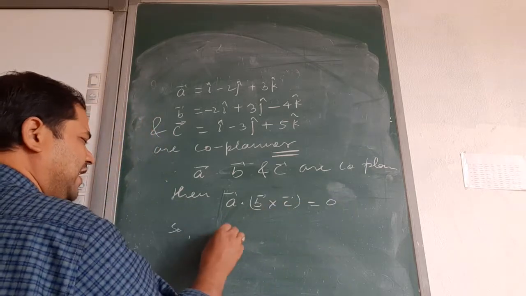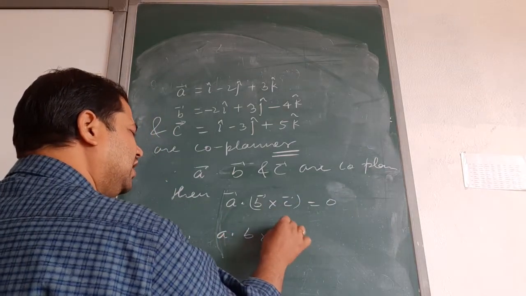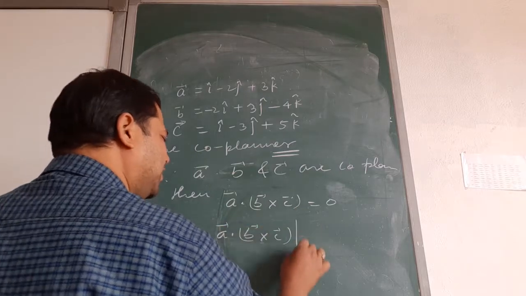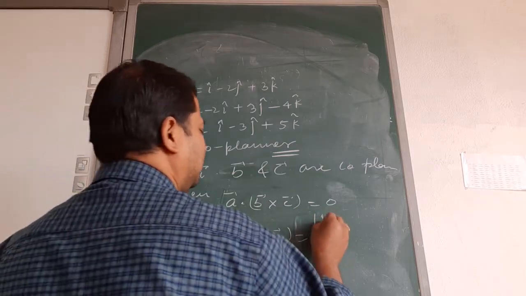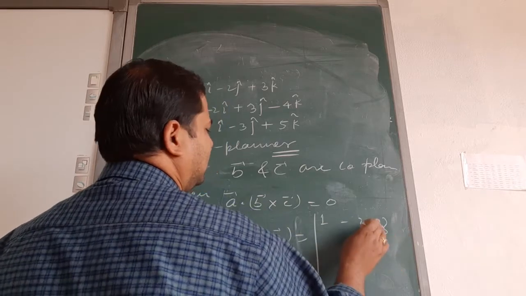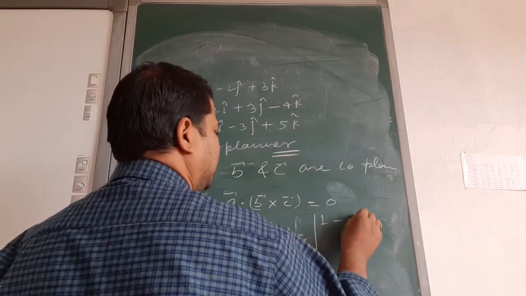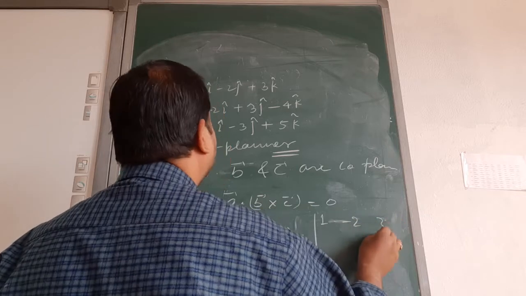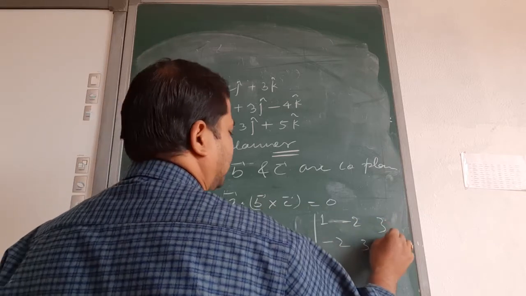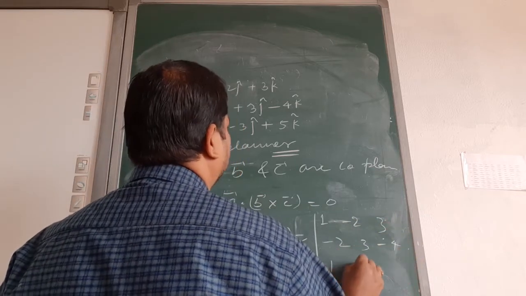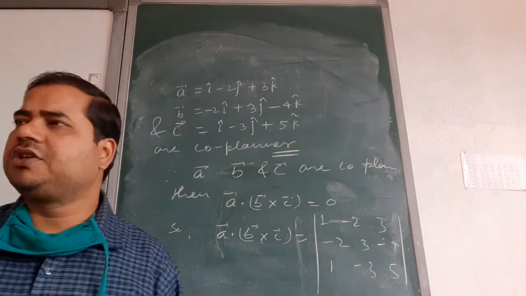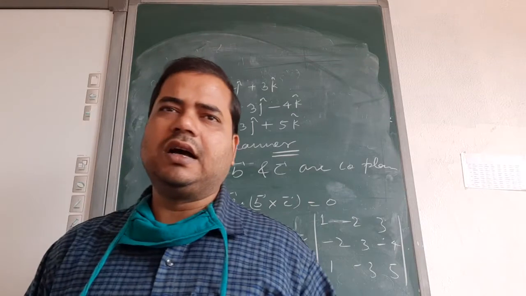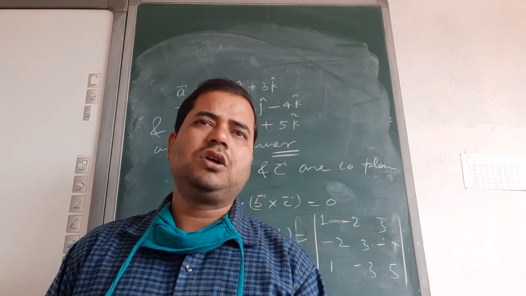So A dot B cross C is nothing but the determinant 1 minus 2 3, minus 2 3 minus 4, 1 minus 3 and 5. Solve this determinant, and if it is 0, then you can say these given three vectors are कोप्लानर.